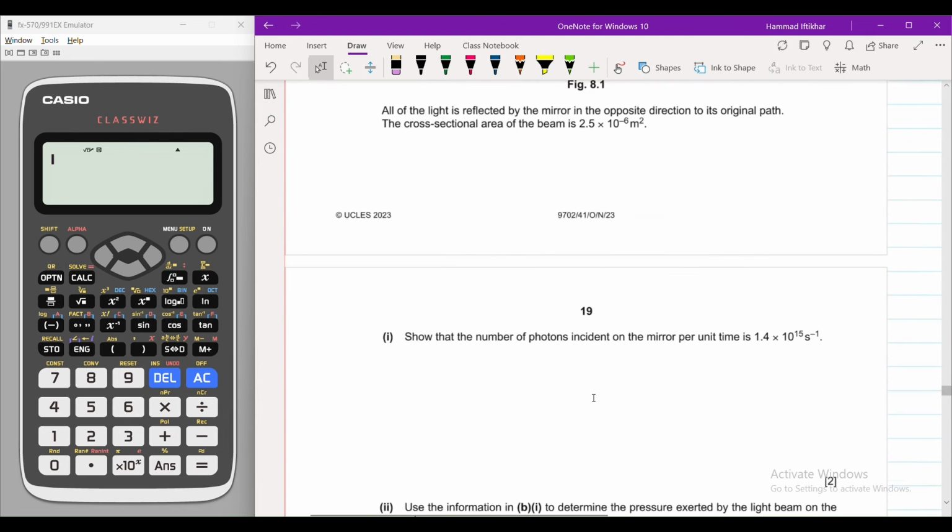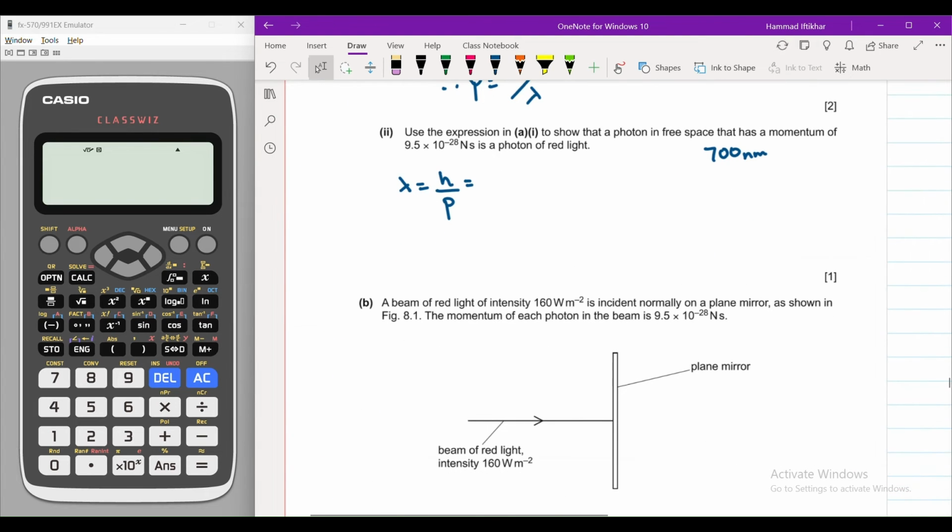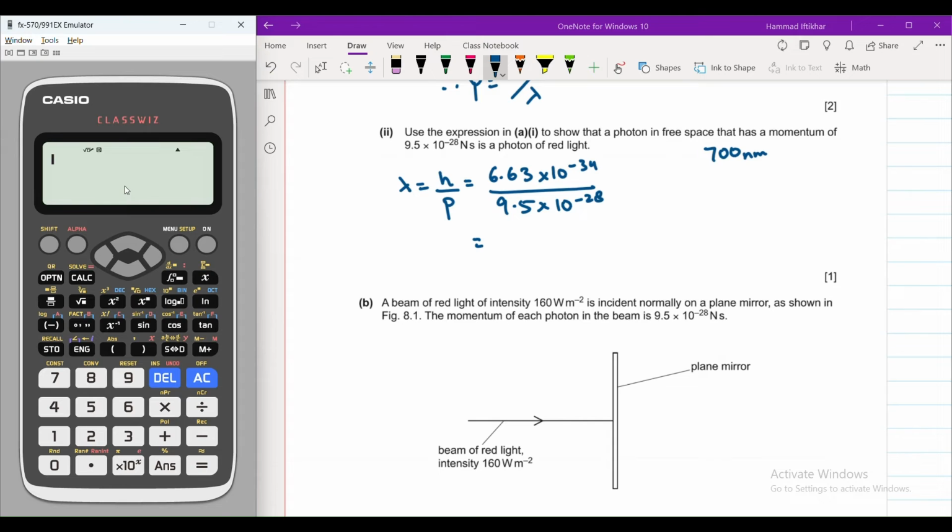Planck's constant is 6.63 times 10 to the power minus 34. Momentum is 9.5 times 10 to the power minus 28. So we have 6.63 divided by 9.5 times 10 to the power minus 34 plus 28.